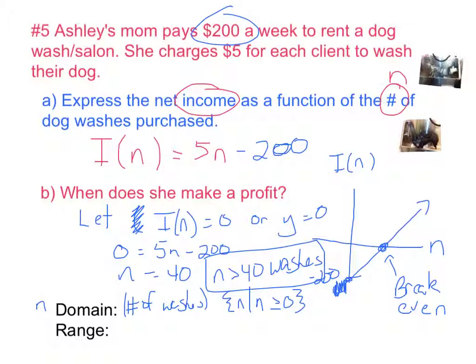And then her range is the income. In other words, it's the y variable, the up and down variable. And what could her income potentially be? Now let's get nerdy here. All I of n such that I of n must be greater than or equal to what?